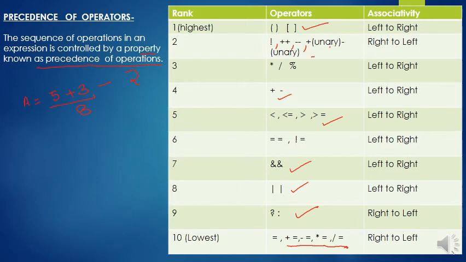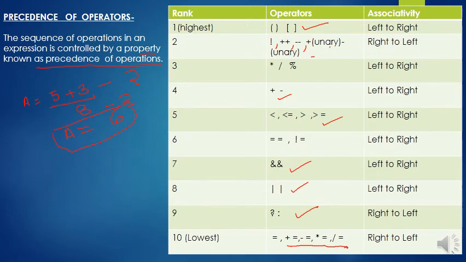Then the operator minus will be evaluated and subtract 2 from the previous result and return the final answer in the form of 6. So A will store the value 6.